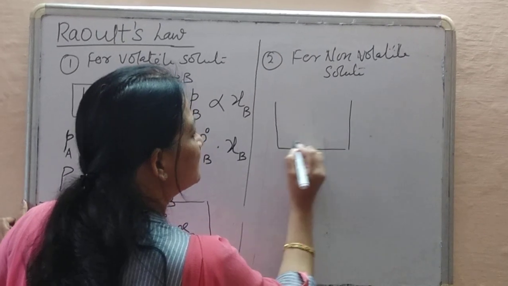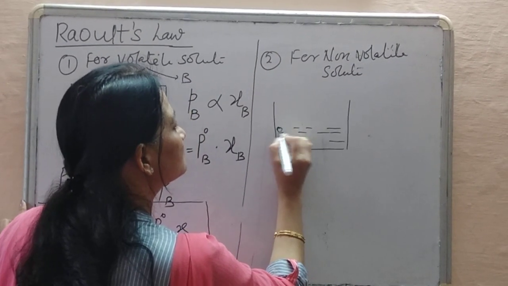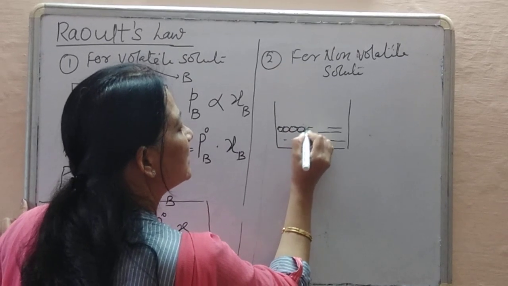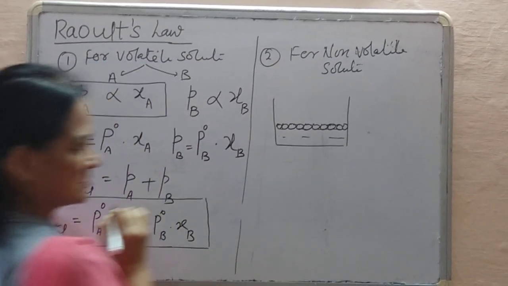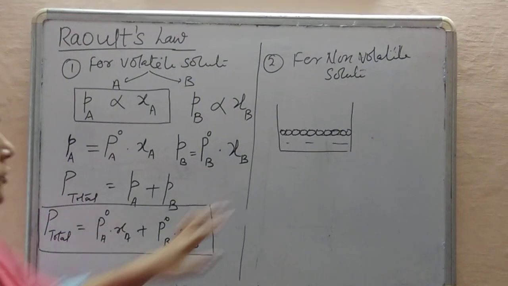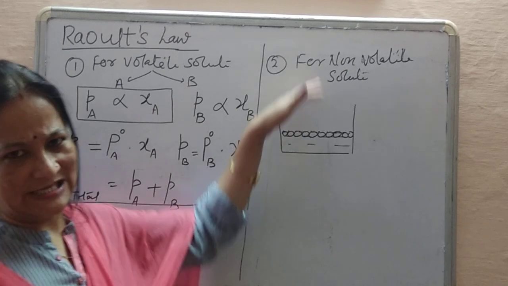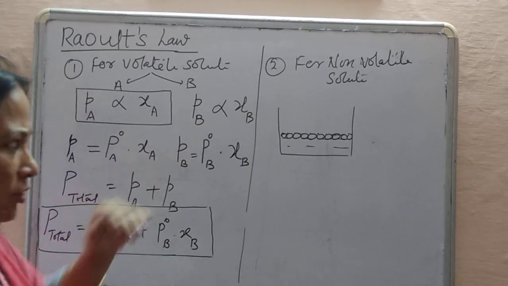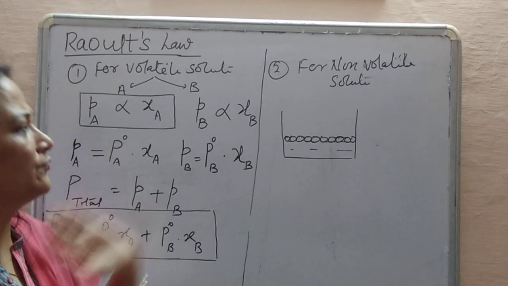If we take water, its upper surface will contain all the water molecules. And what is vaporization? You all know that the upper molecules convert from liquid to gaseous state. This is vaporization. Always the surface molecules participate. They convert into vapor state.